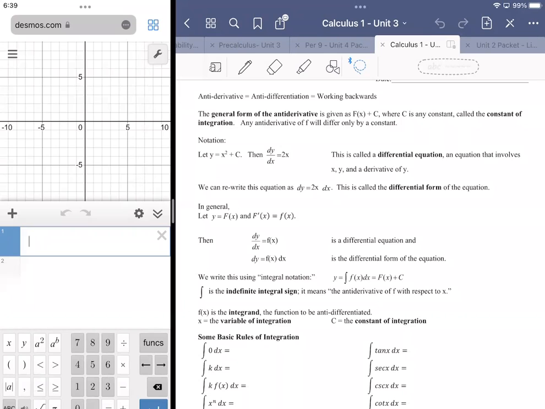and if you don't have any experience with integration, that already is throwing you for a loop, right? Antiderivative, anti-differentiation means working backwards, in the sense that we've been taking derivatives all this time. Now we're going to go the other way. We're going to undo the process of taking a derivative.